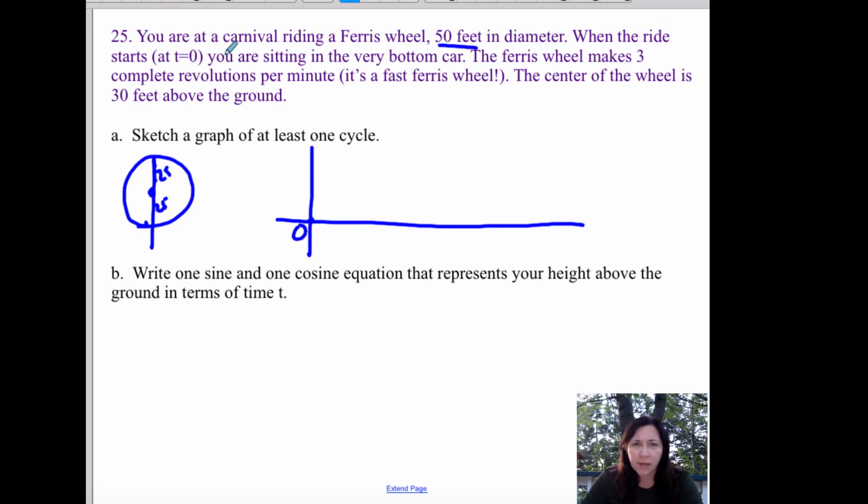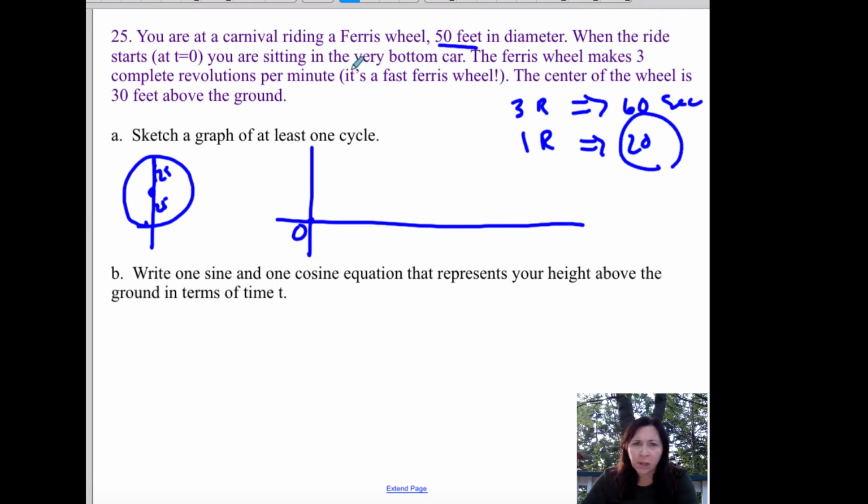The time you're starting at sitting at the very bottom of the car, the Ferris wheel makes 3 complete revolutions, 3 revolutions every minute. So every 60 seconds. So if I divide by 3, I'm going to get 1 revolution, which is my period, every 20 seconds. So this is my new period, is 20 seconds.